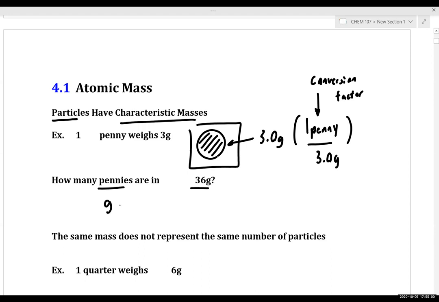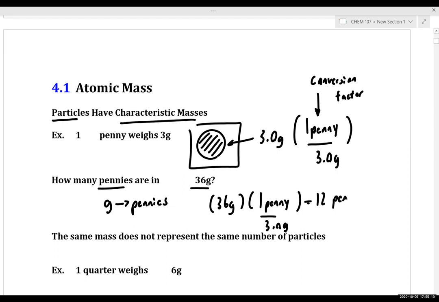Well, I'm trying to go from grams to pennies, okay? So if I have 36 grams, I know I have 1 penny per every 3.0 grams, and that gives me an estimate of 12 pennies, right?